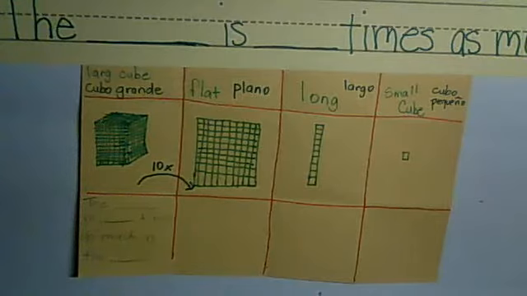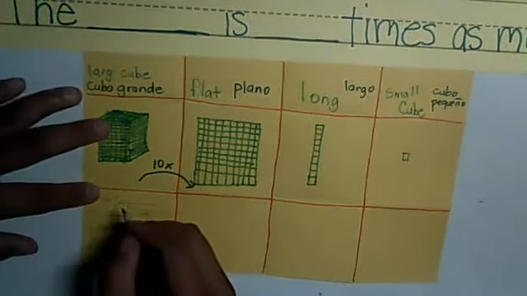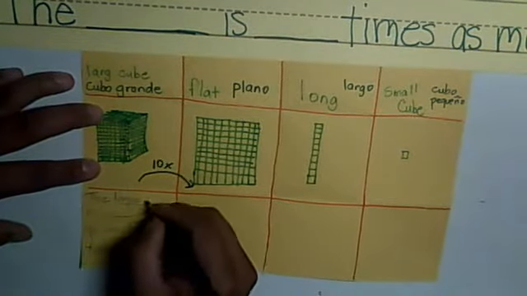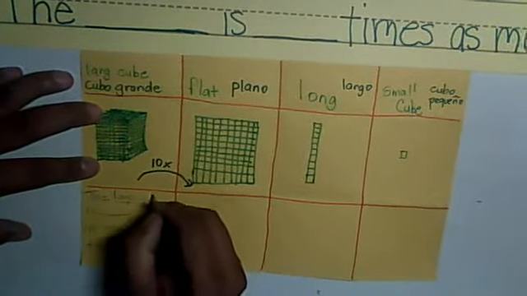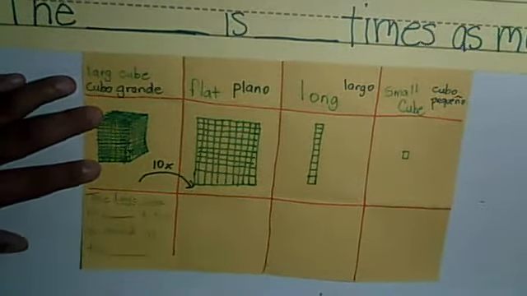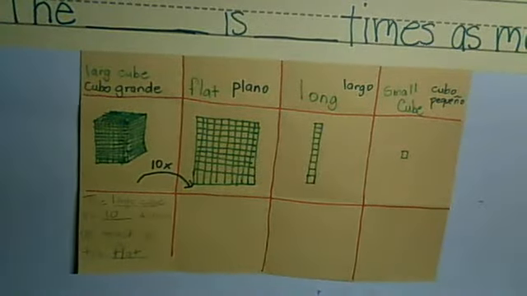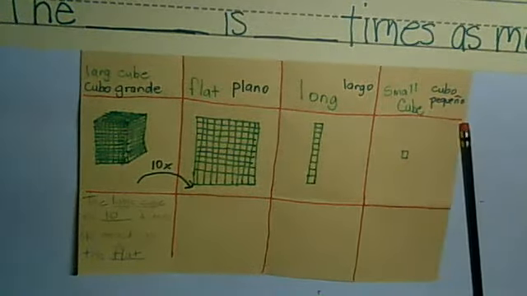The blank, so the large cube, the large cube is 10 times as much as the flat. Okay? This is where you can pause it, boys and girls, and copy it.